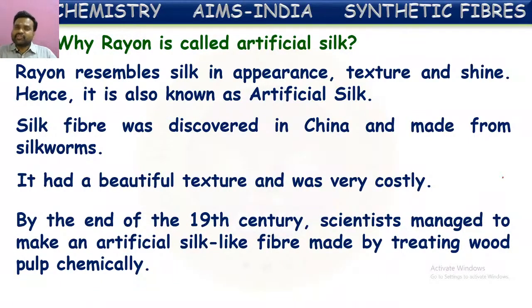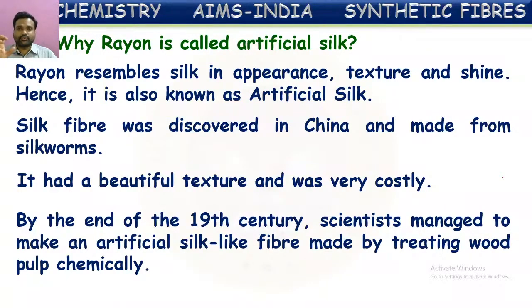By the end of the 19th century, scientists managed to make an artificial silk-like fiber by treating wood pulp chemically. As I told, for a long time China kept this discovery of silk secret.